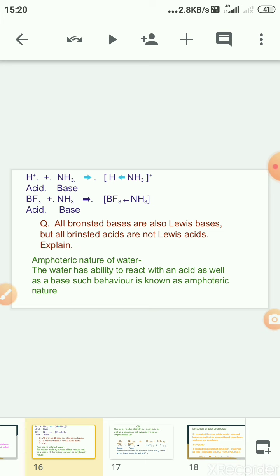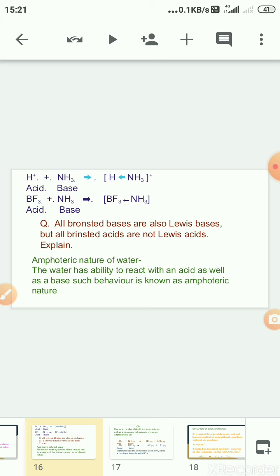In that we have seen aluminium oxide and zinc oxide are amphoteric in nature. What is meant by amphoteric nature? The metal oxides which react with acids as well as bases show such behavior, called amphoteric nature.